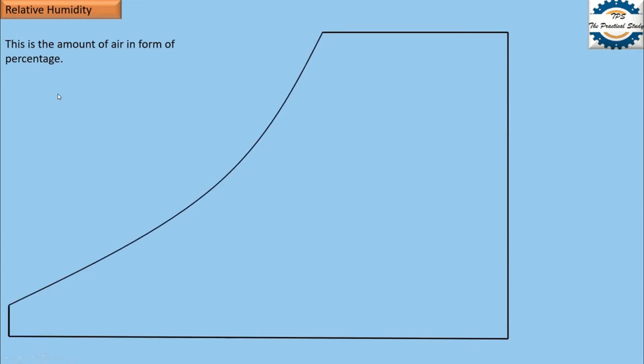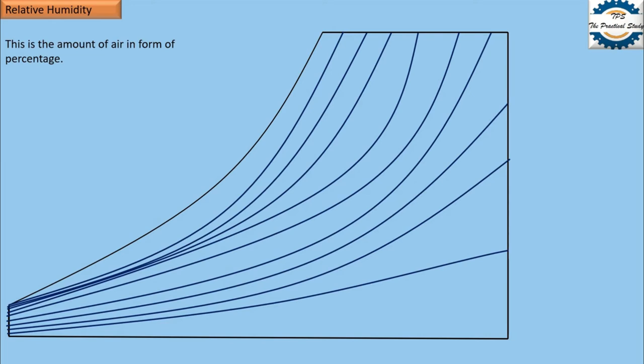Relative humidity. Relative humidity is the amount of water vapor in the form of a percentage. So this is the psychrometric chart, and these are the relative humidity lines, and here is its scale. I think this parameter is also clear.